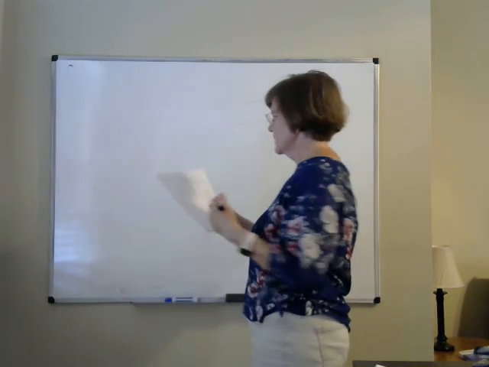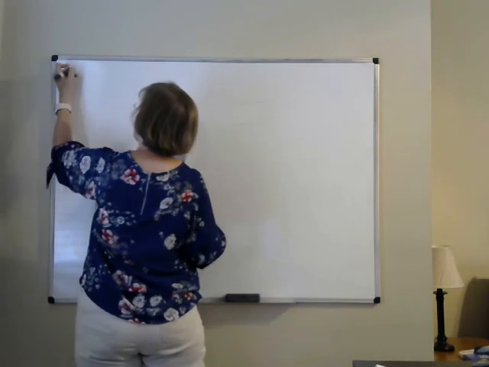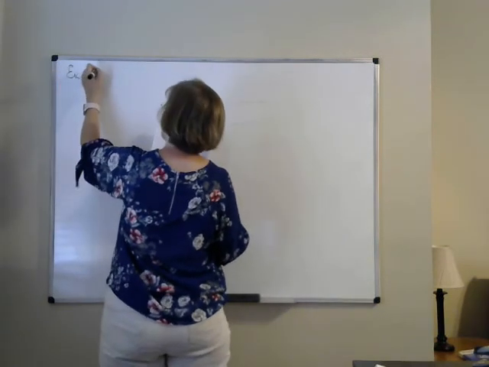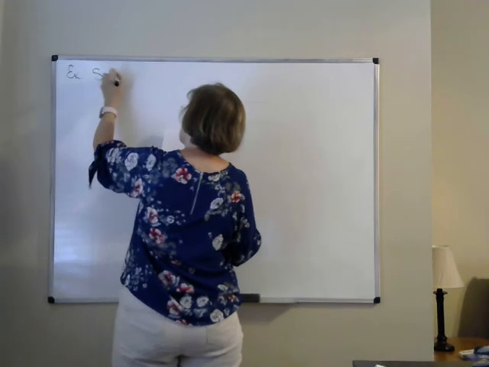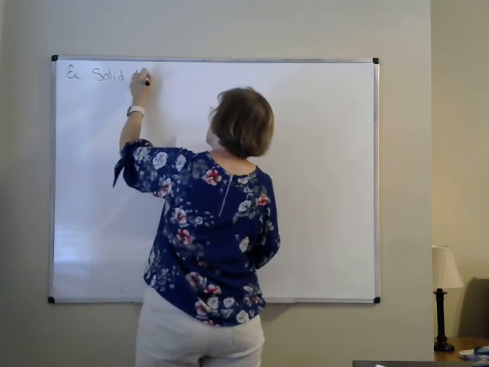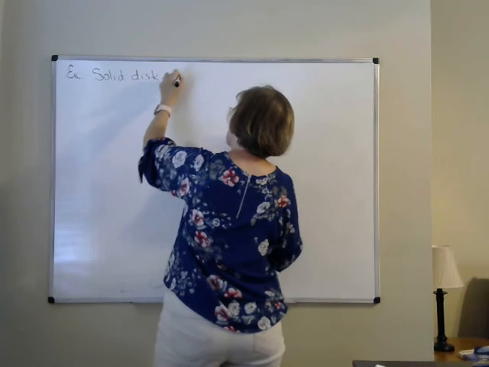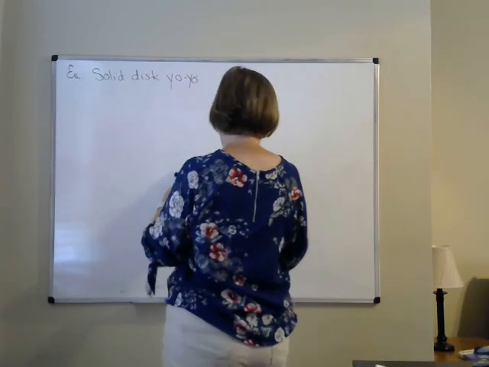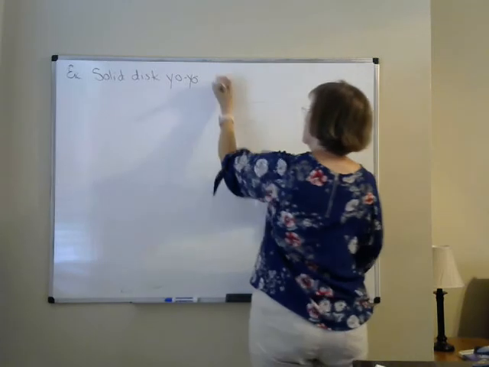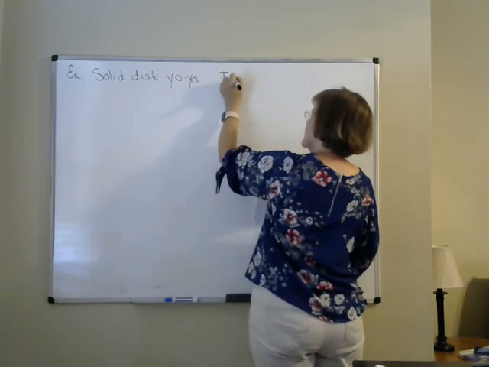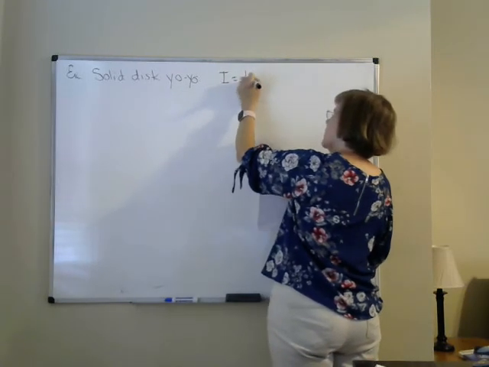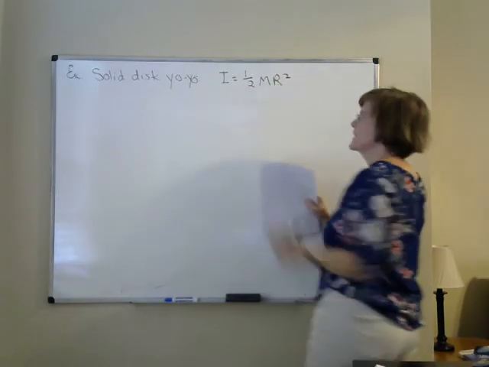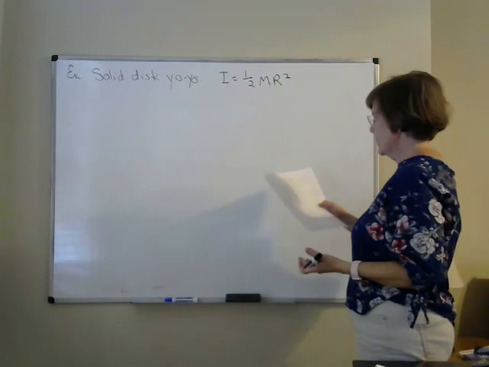I have no idea what example this is, but it involves a yo-yo. Suppose we have a solid disc yo-yo. Well, a solid disc has a moment of inertia equal to 1/2 mr squared. We use that one a lot, so it's one I kind of have memorized.